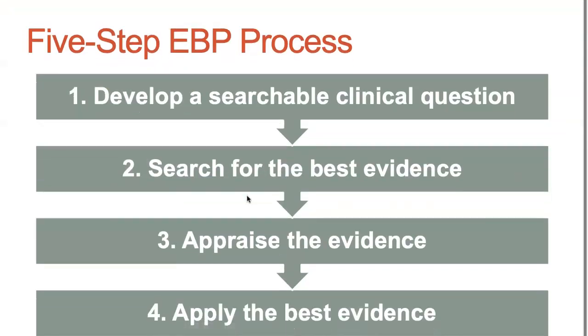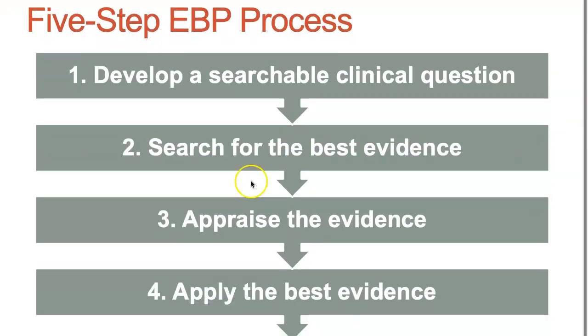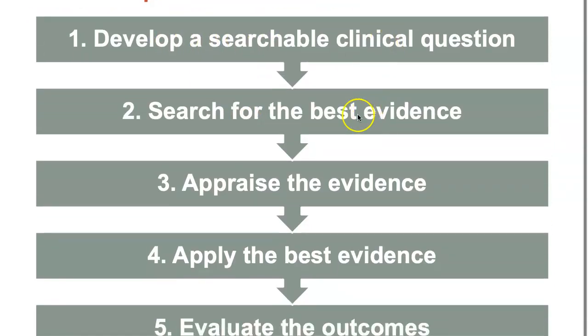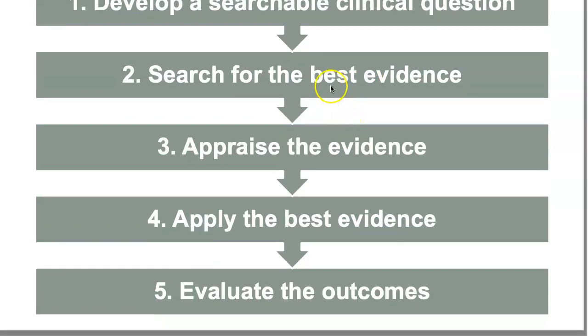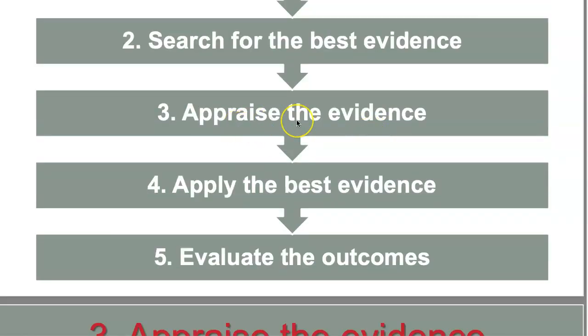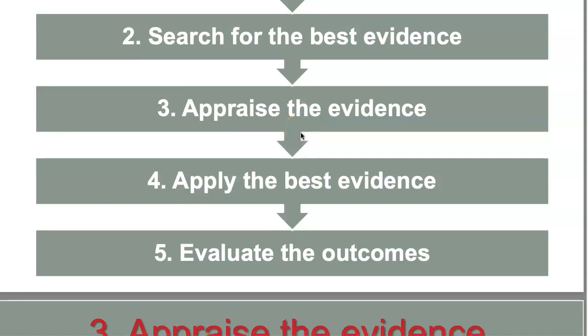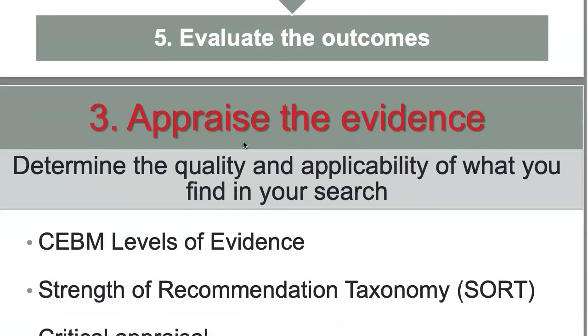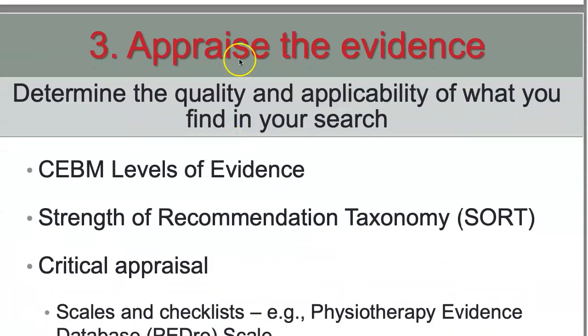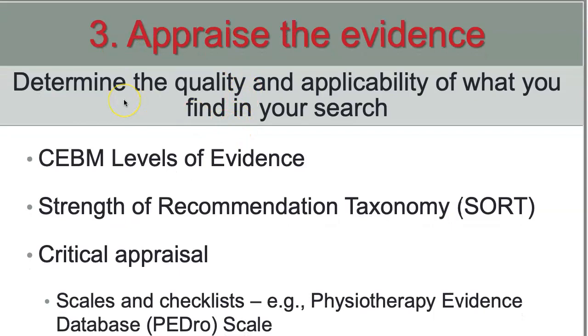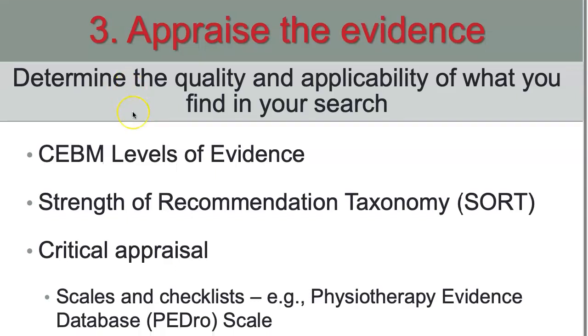As a reminder, we have these 5 steps that we're working on. We've already developed a searchable clinical question, that's our PICO question. You found your articles, your best evidence, and now we're starting to appraise the evidence. That's the step we're at, and then we'll talk about the other steps as we move forward. So what we're doing here is determining how good your articles are at answering your specific clinical question, your PICO question.